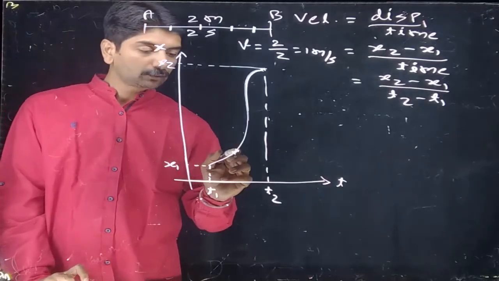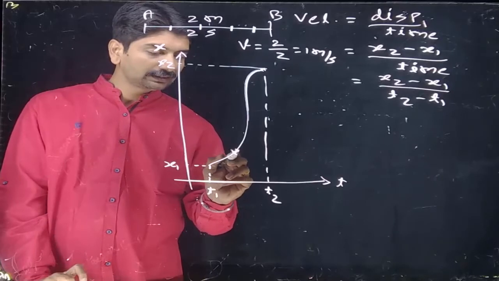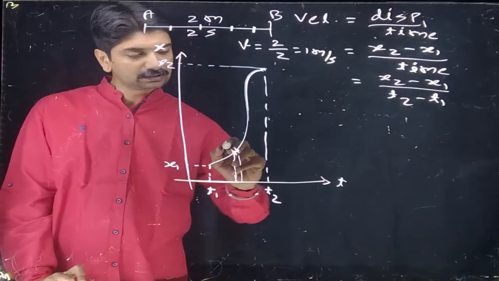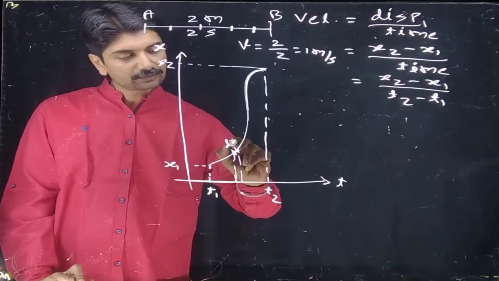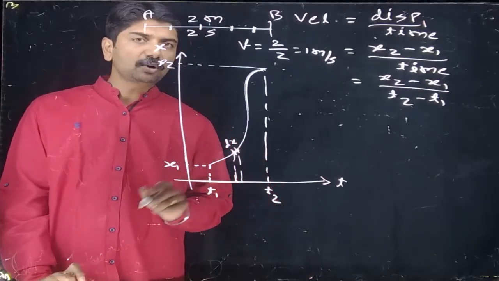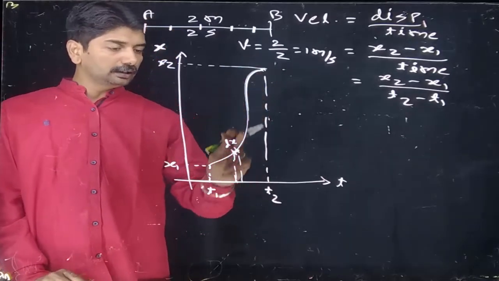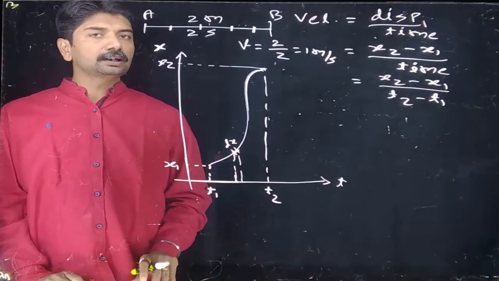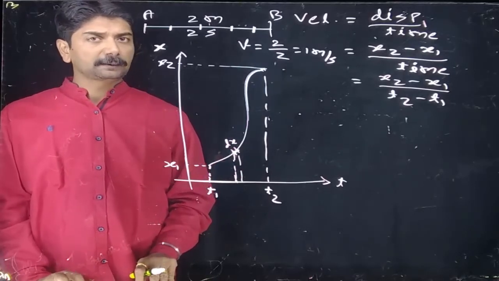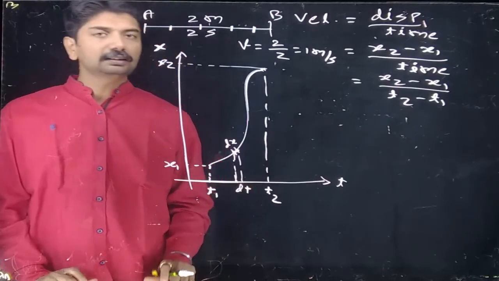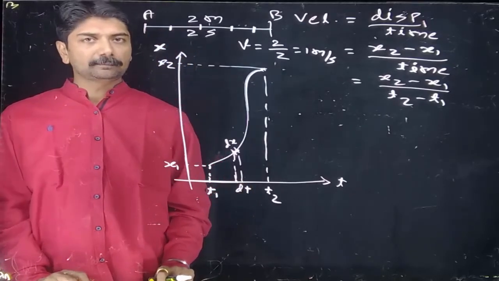See what I am going to do. Suppose this is a very small distance dx. To cover that smallest possible distance, which compared to this whole curve is a linear thing, we need a very small time period dt.